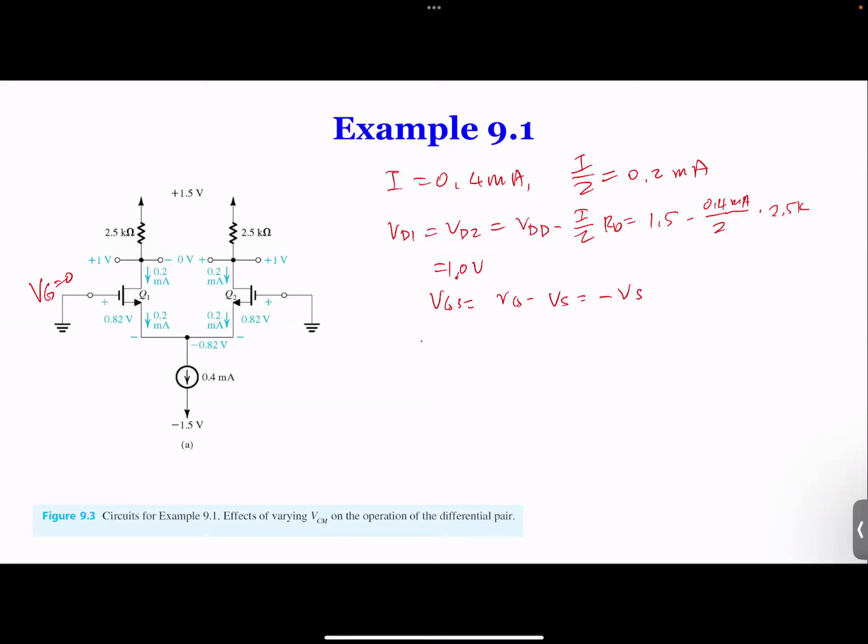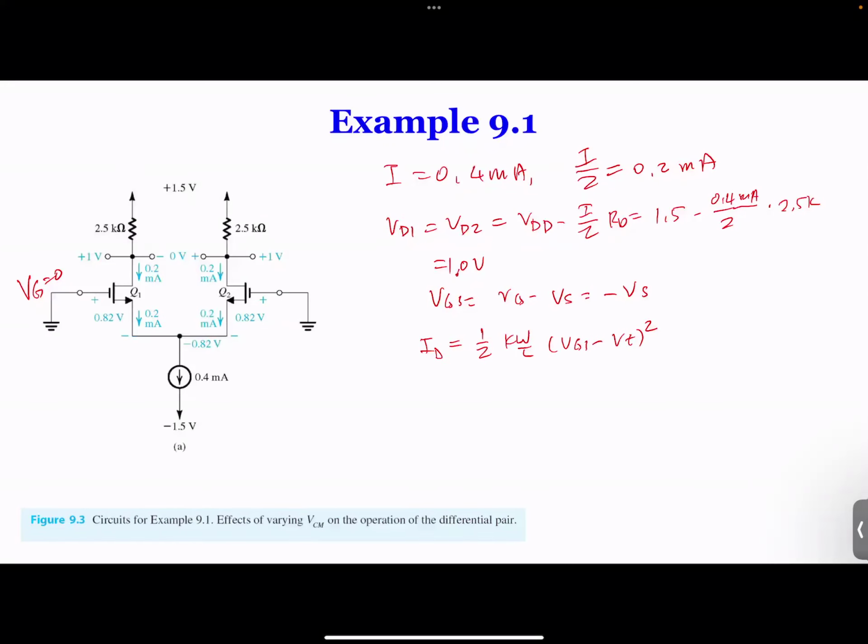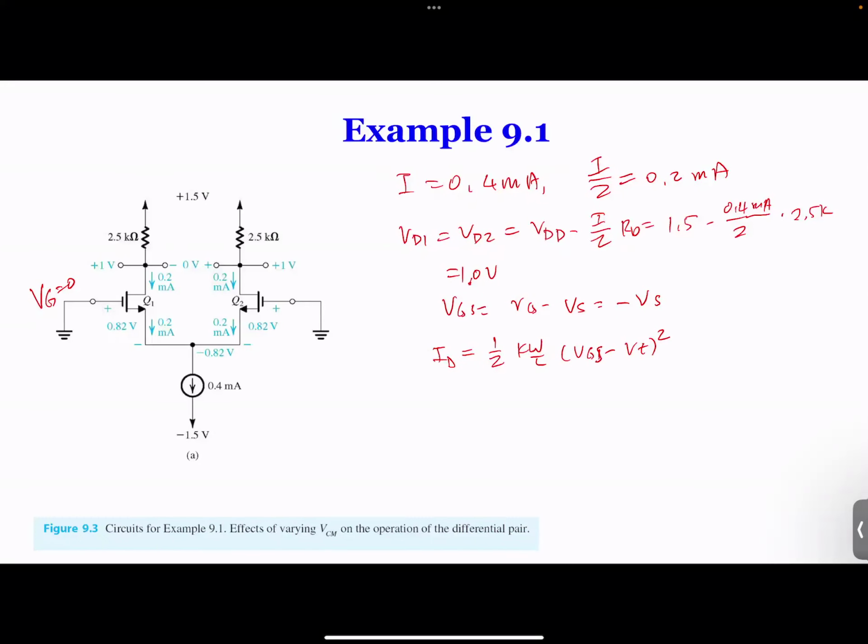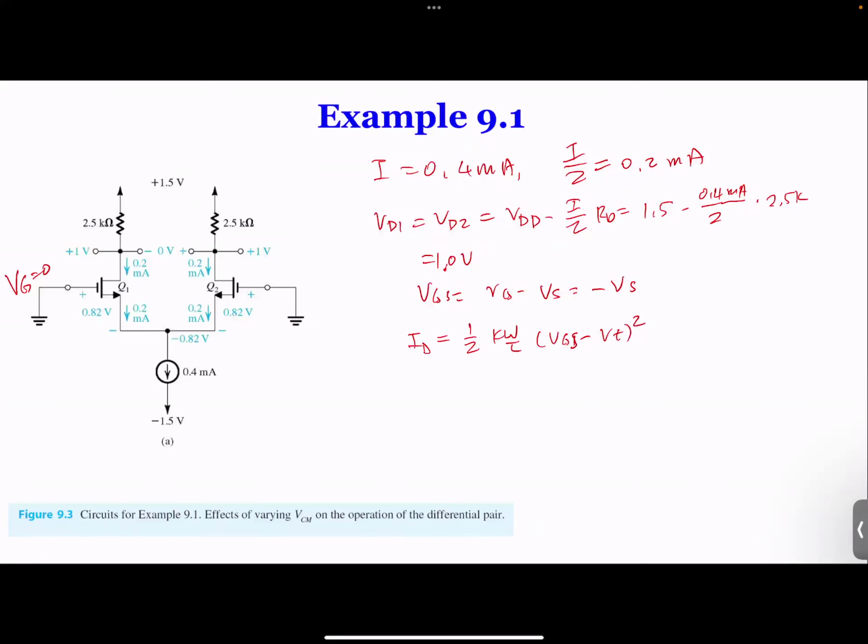And we can calculate ID equal to 1/2 K W/L times (VGS minus VT) squared. Since VT is given, and K and W/L are both given, we can calculate this.